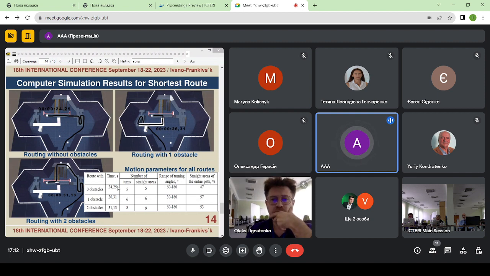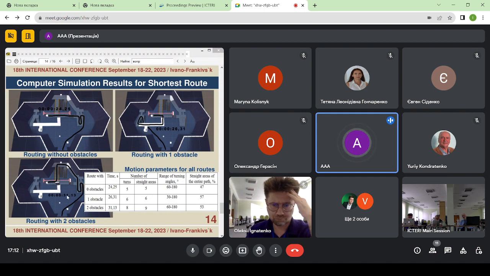Secondly, it's one obstacle. This is one obstacle. This is the element and time. It's 26 seconds for routing with one obstacle. And thirdly, it's routing with two obstacles. This is one obstacle and this is another obstacle.